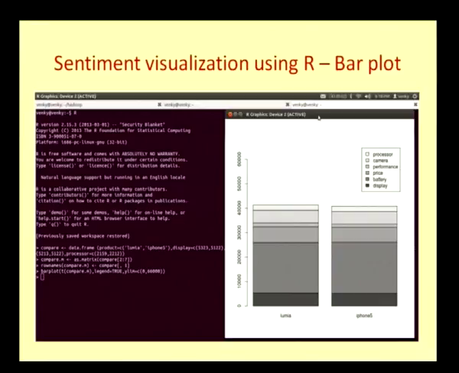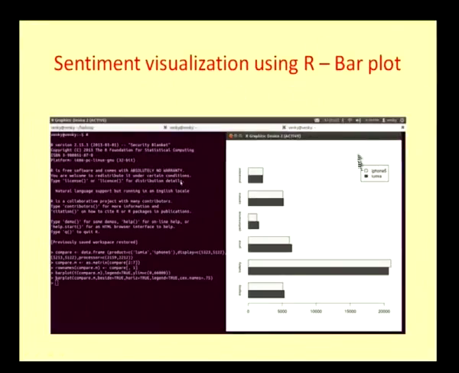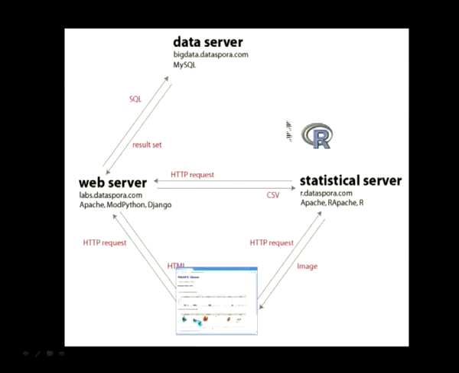So, we did sentiment analysis, and also we had the visualization of the bar chart for the same project using the R tool. The R tool is the statistical server which is getting the request from the web server and getting the data from the data server, and you are able to get the output here.